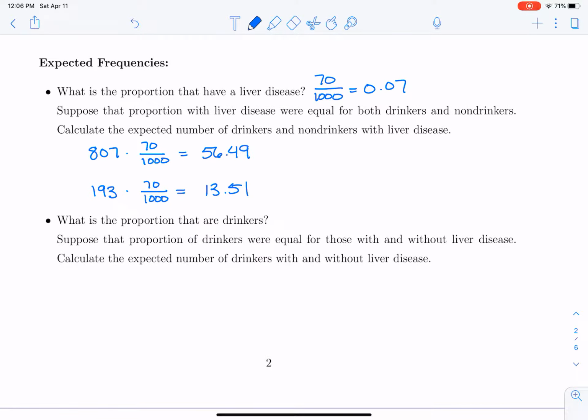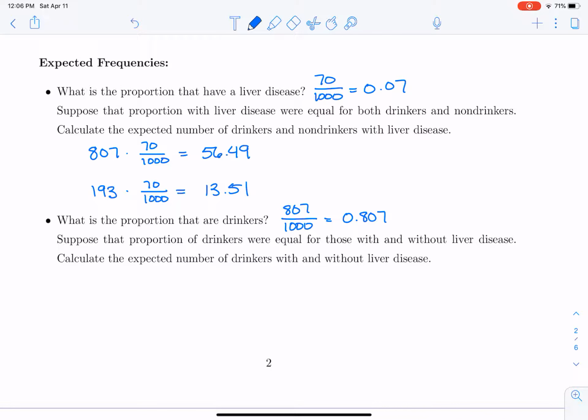What if we just think about the proportion of drinkers? There are 807 drinkers out of 1,000, so we expect 80.7% of people to be drinkers. Now suppose that the proportion of drinkers were equal for those with and without liver disease.